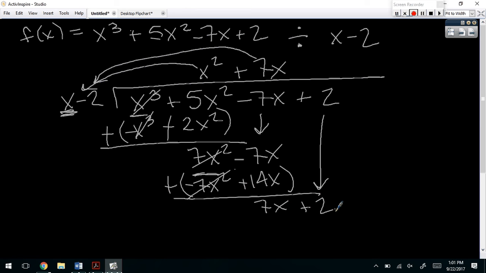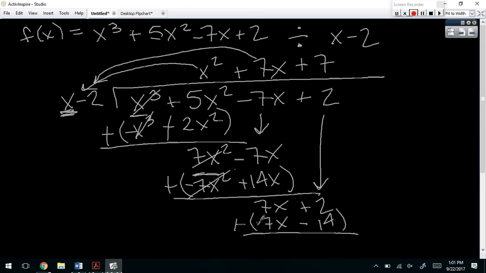The nice thing about this is all the repetition in it. What do you multiply x by to get 7x? 7. 7 times x is 7x. Subtract.